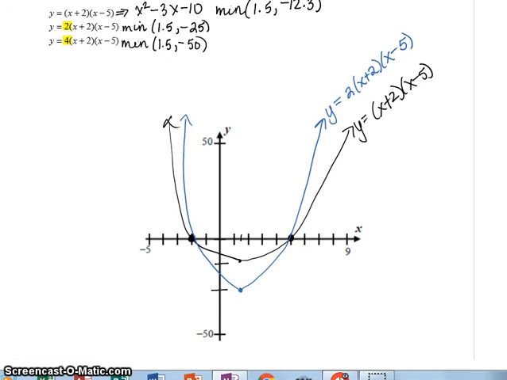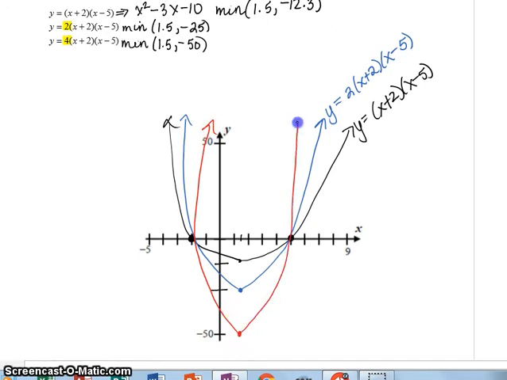And the last one has a minimum at 1.5, -50, and it makes it close in even more. Again, still passing through those zeros, just closing up more.